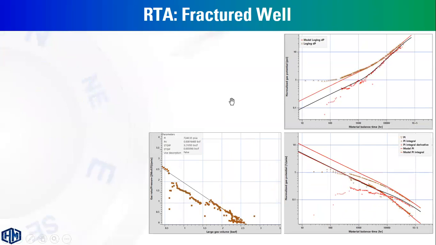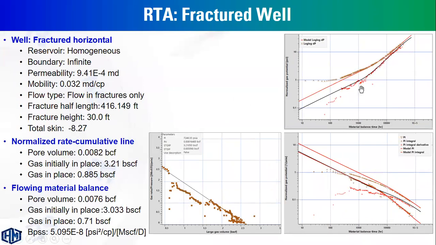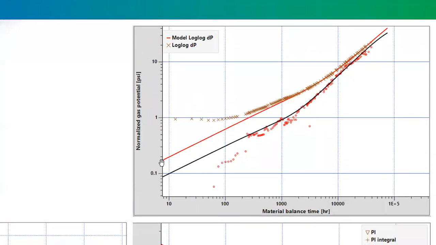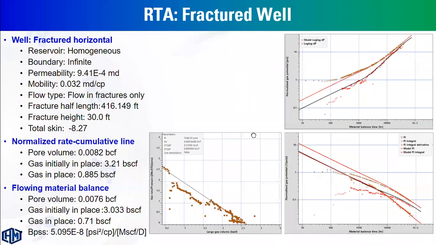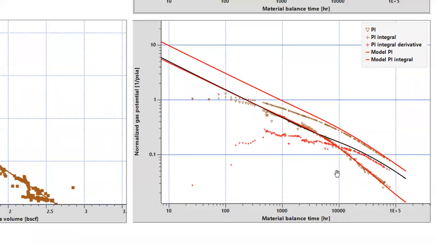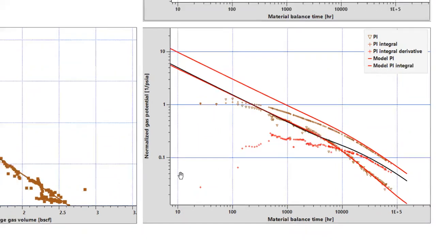And for the matching of this well using the log plot in RTA, we have normalized gas potential against material balance time. This is the matching of the log plot. And for Blasingame, as mentioned, for the transient period we have this negative half slope line, and right here we have a negative unit slope line as an indication of the boundary dominated flow.